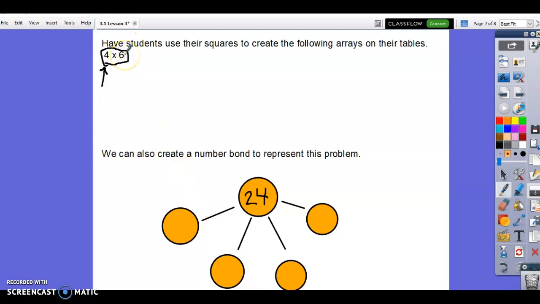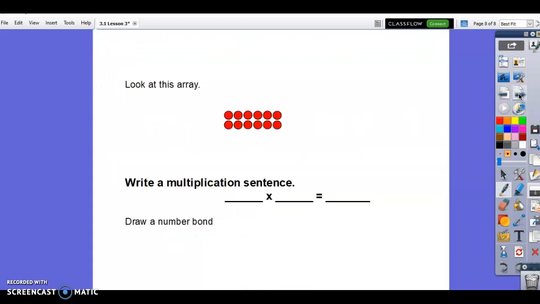Where would I represent 6? Yes, 6 goes inside of each circle. So now if I take all of this together, I could say 6 plus 6 plus 6 plus 6 equals 24. Or I can say 4 times 6 equals 24.